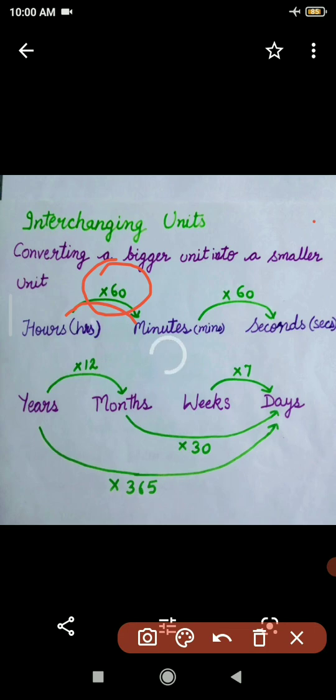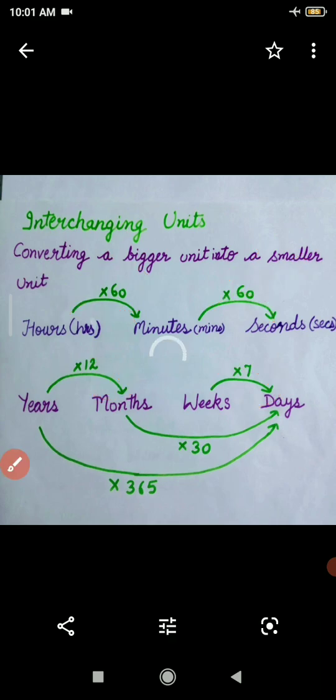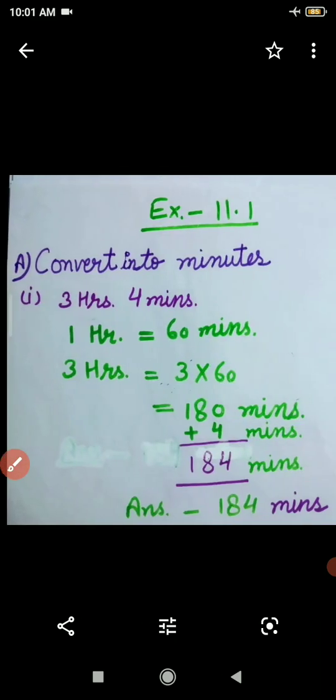If you want to convert minutes into seconds, then we multiply by 60. Similarly, if you want to convert years into months, then we multiply by 12. And weeks into days, we multiply by 7. So, let's see how we use these relations.